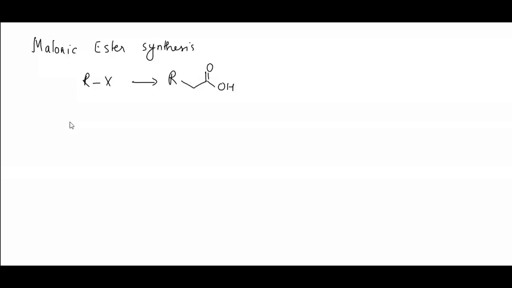So what is diethyl malonate? It is this compound: EtO, this is the ester group, and then another OEt. This is diethyl malonate, and if we use a base to deprotonate these acidic alpha hydrogens, you can create an enolate, and at that position we can add alkyl groups.